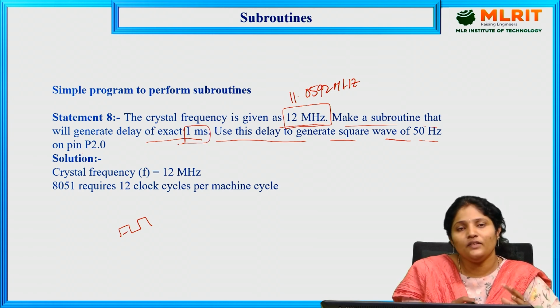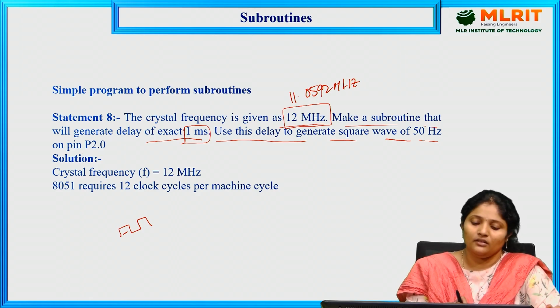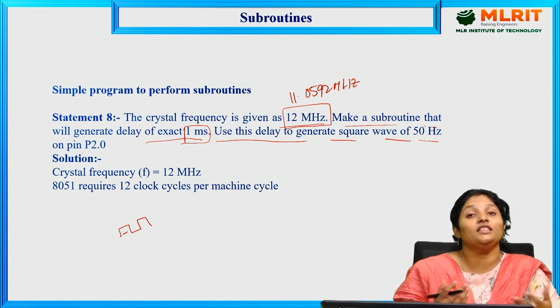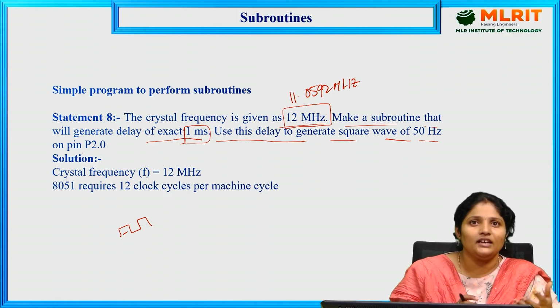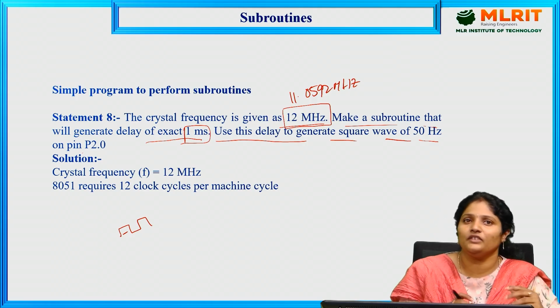Usually while providing this delay, we have a separate unit in the 8051, the timers unit. But we haven't covered timers until now. So without timers, we will see how to create this delay, and we will see how to generate the delay using timers in the coming videos.